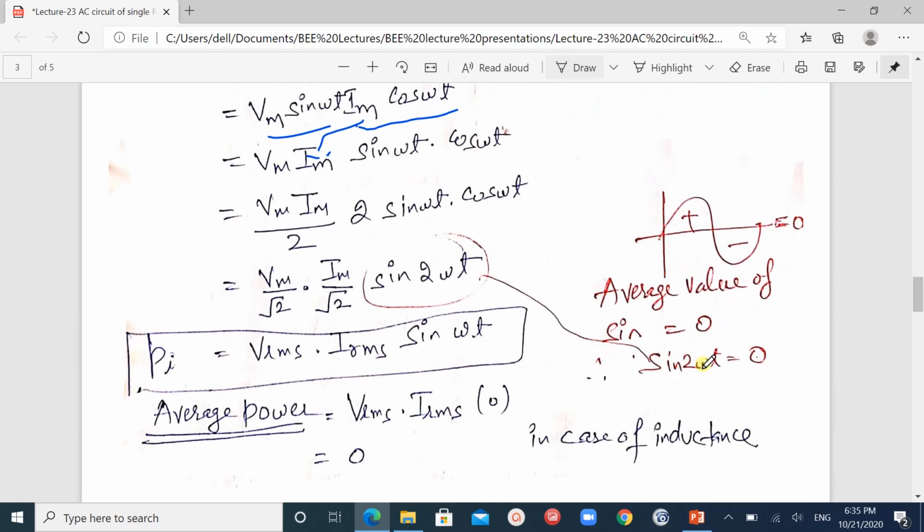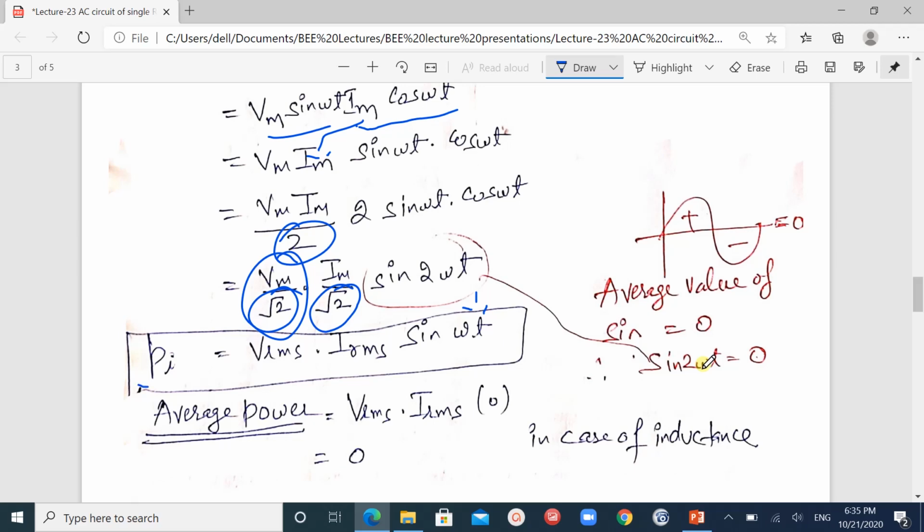When we solve this trigonometric, we will get this value Vm into Im upon 2 sine 2 omega t, and this 2 can be written as under root 2 into under root 2. Vm upon under root 2 is the value of Vrms, and Im upon under root 2 is the value of Irms, and sine 2 omega t we keep as such.